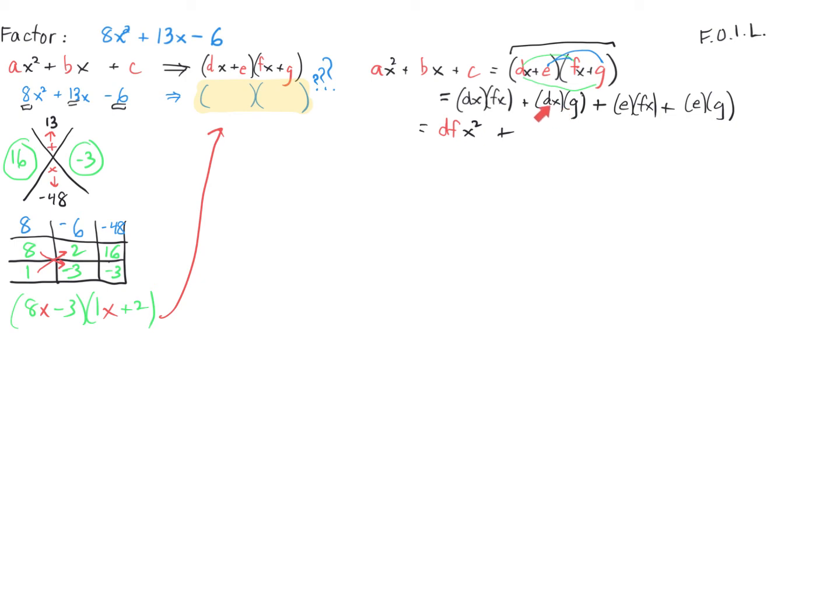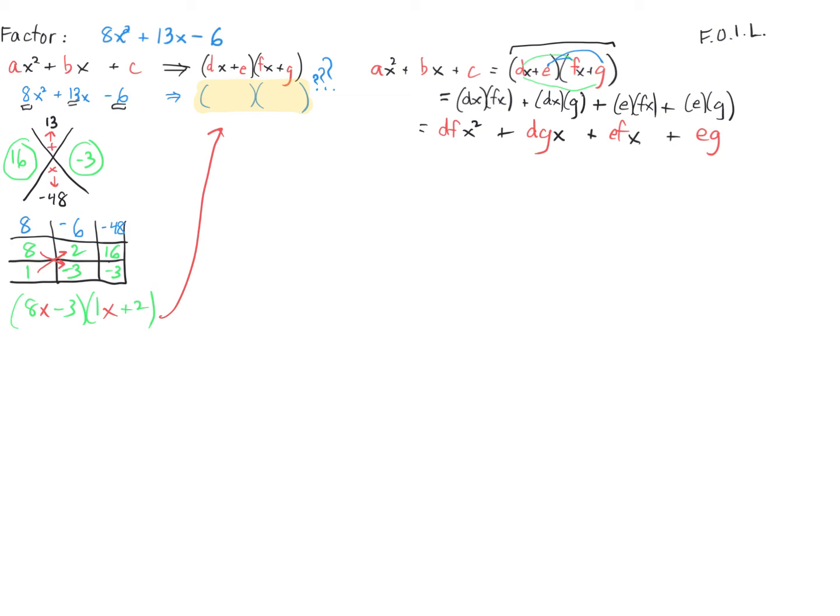Changing the order, we can rewrite that as d times g times x. Doing the same thing with this term, we can rewrite this as the e times the f times the x, where the e and the f are the coefficients, and the variable is x. And then for that last term, we have e times g. There's no black variables of x.